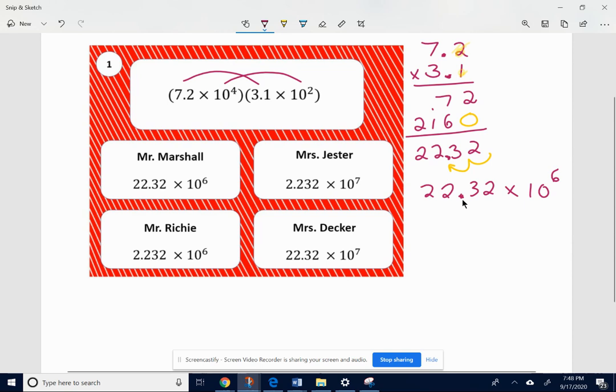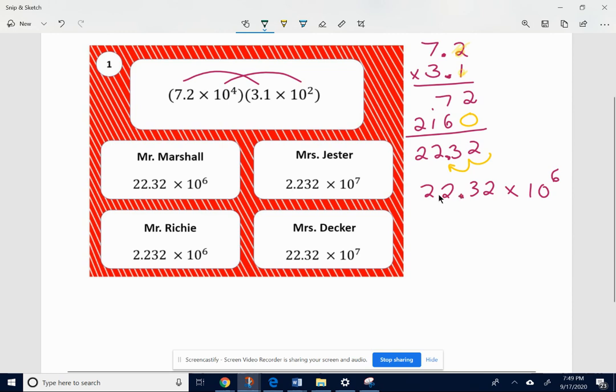Let me show you what I think is the shortcut way to fix it, and then I'll show you a way that you could fix it if this does not make sense to you. The way I would do it, I would say to myself, what do I need to do with this decimal point to put it in the right place? I want to put the decimal point right in between these first twos, because I want this to represent a number between 1 and 10.